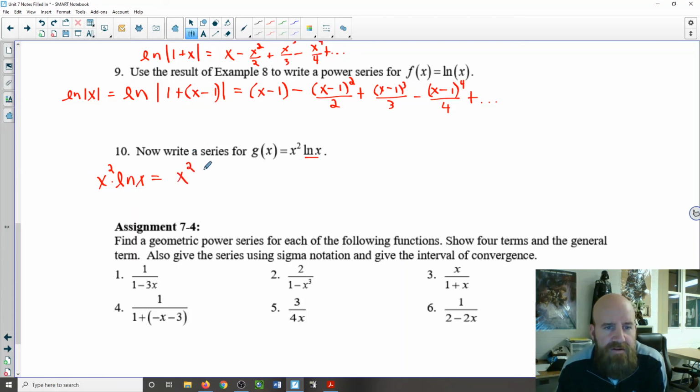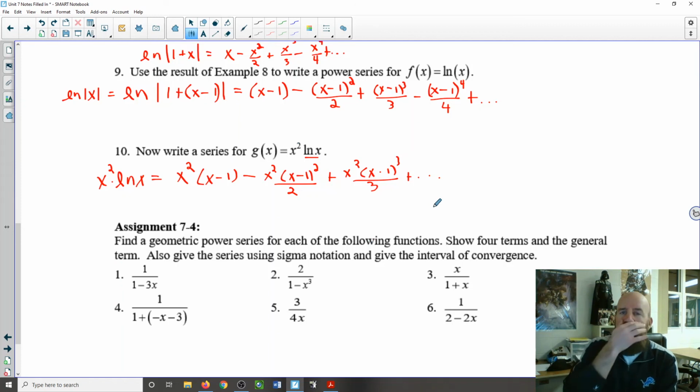So we're going to have x squared times x minus 1 minus x squared, and so on. All the terms that we had in the last example are getting multiplied by x squared. I'm going to cut it off here. You can write that other term. I'm just going to cut it off there because you get the idea.